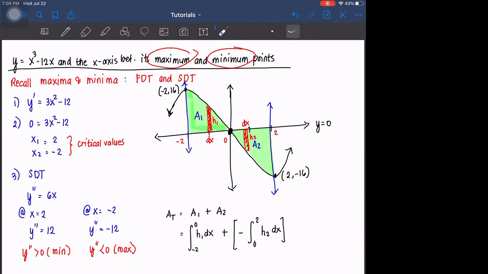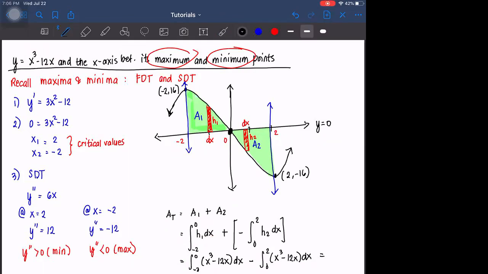If nasa ubos, it should be negative. And substituting negative 2 to 0, now what is h in terms of x? What is the height in terms of x? Kanira siyang equation na to, no? So that's the integral of x cubed minus 12x dx minus integral 0 to 2 x cubed minus 12x dx.